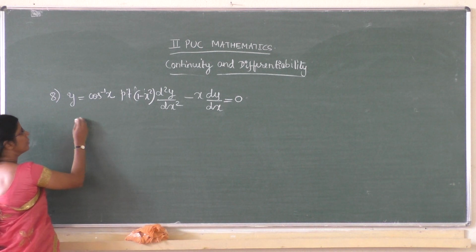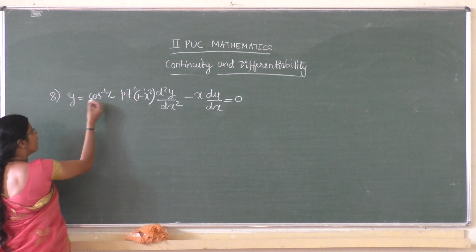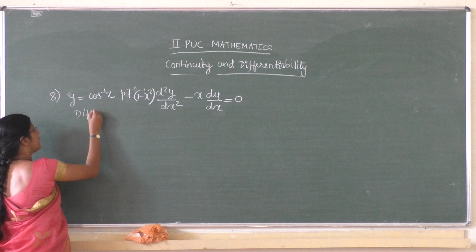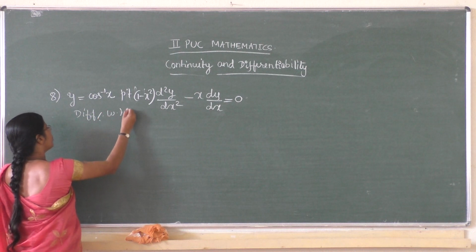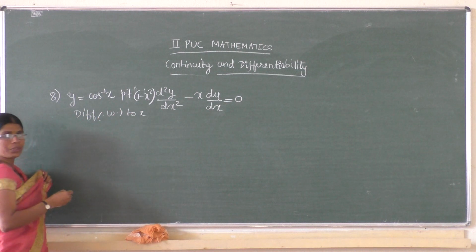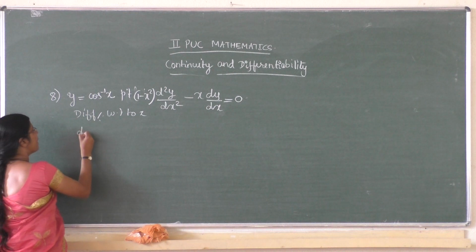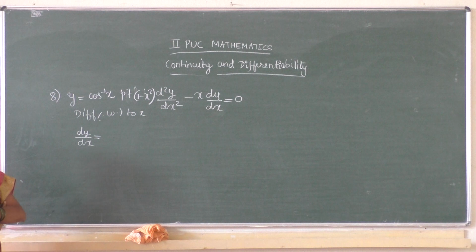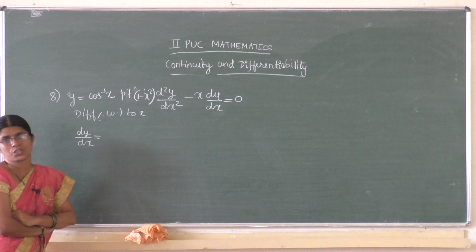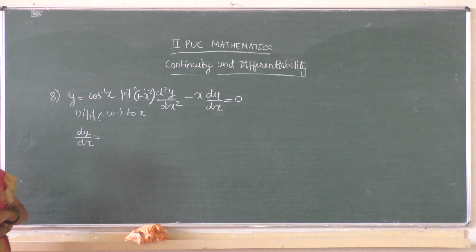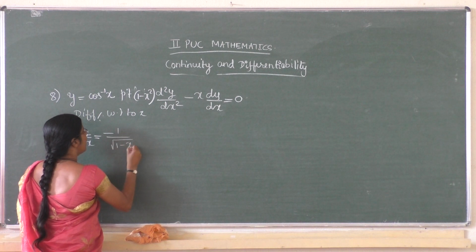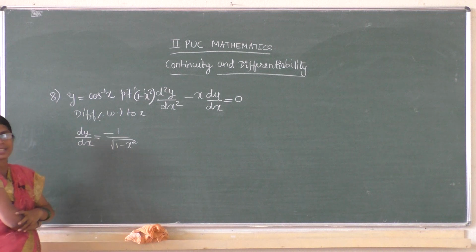So now this is y equal to cos inverse of x. Differentiate with respect to x. So then what do you get? dy by dx is equal to the derivative of cos inverse x. Cos inverse x is a standard inverse trigonometric function. Its derivative is minus 1 by root of 1 minus x square.